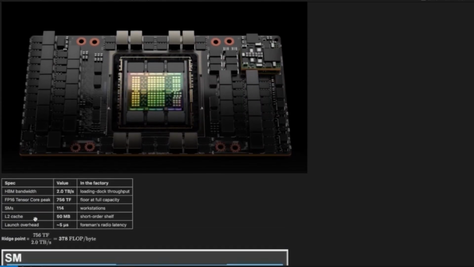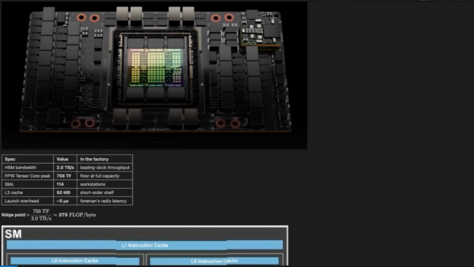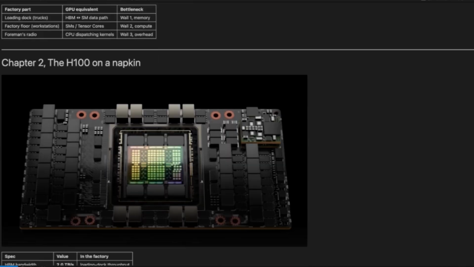And then we have an L2 cache. You can look at the L2 cache as a small shelf inside the factory floor where the SMs have very, very fast access to the data. So they don't need to load the data from HBM, but rather they can read it directly from the L2 cache.